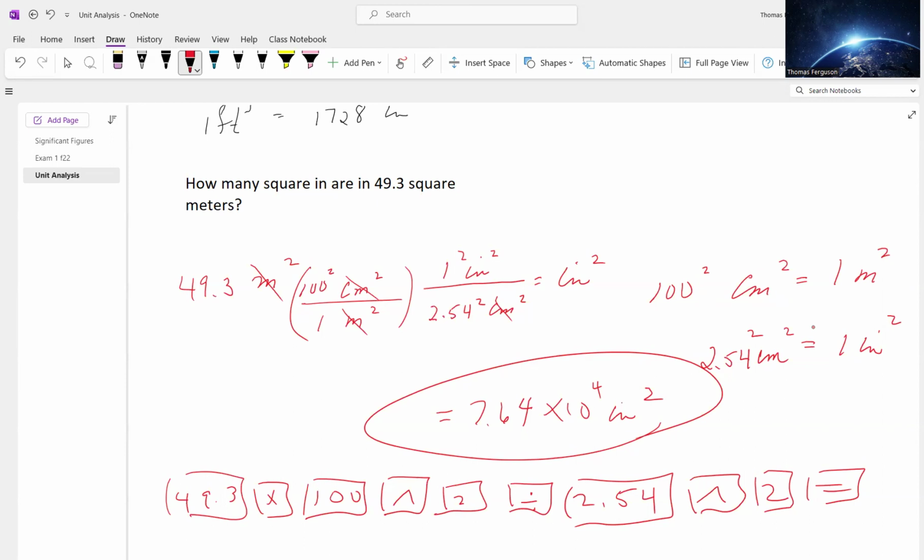Okay, any questions about this calculation? Okay, so let's do one similar to this.